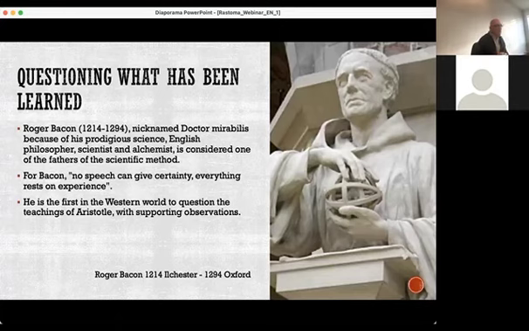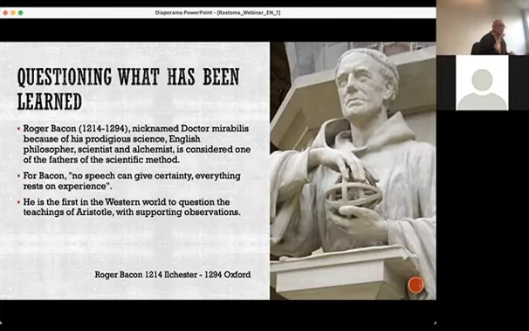the link between both can be obtained with Roger Bacon. Roger Bacon was English, and for Roger Bacon, you should always question what has been learned before. It was very important. At that time, there was some truth that you thought was always true.